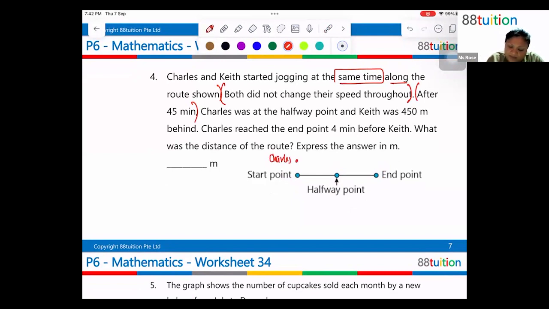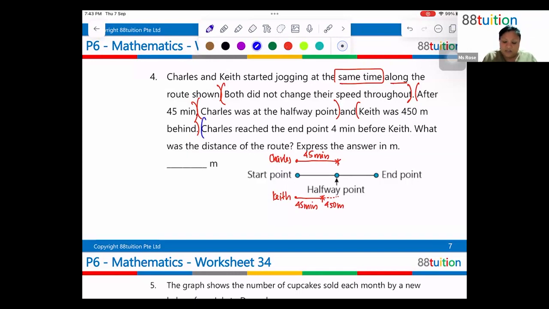After 45 minutes, Charles was at the halfway point, and Keith was 450 meters behind. So at 45 minutes, he was 450 meters behind Charles. So that means when Charles is here, Keith is only here.